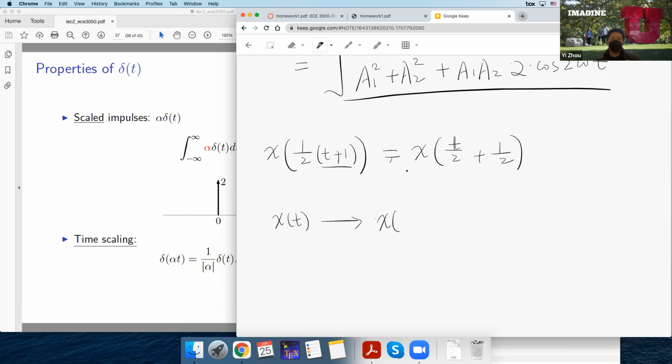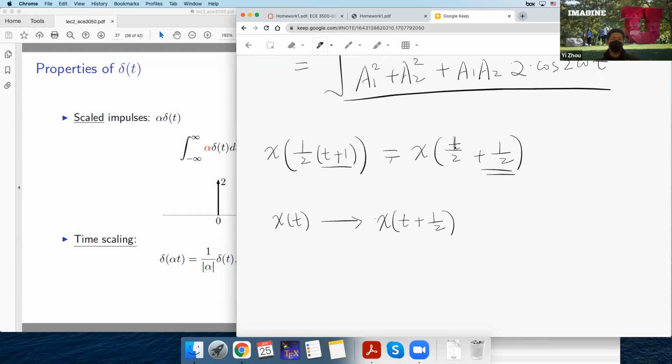I think if you do shifting first, you need to shift to the left by 1 half. Okay, let's try both approaches and see what is the difference. So this is shift to the left by 1 half.